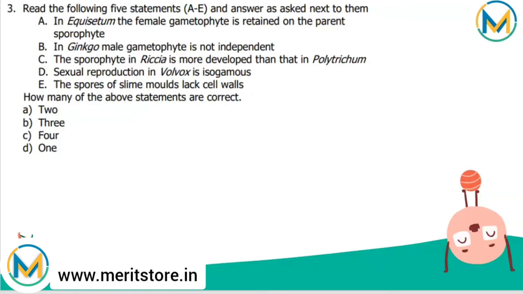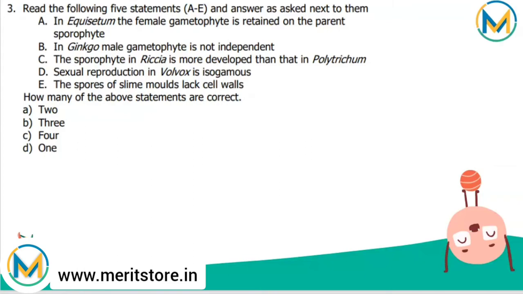C, the sporophyte in Riccia is more developed than that in Polytrichum. D, sexual reproduction in Volvox is isogamous. E, the spores of slime molds lack cell walls. How many of the above statements are correct?